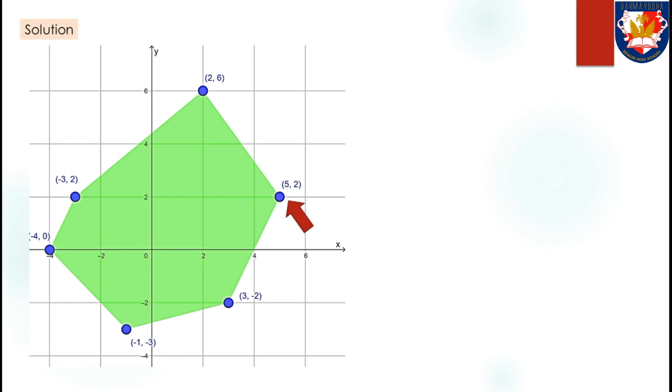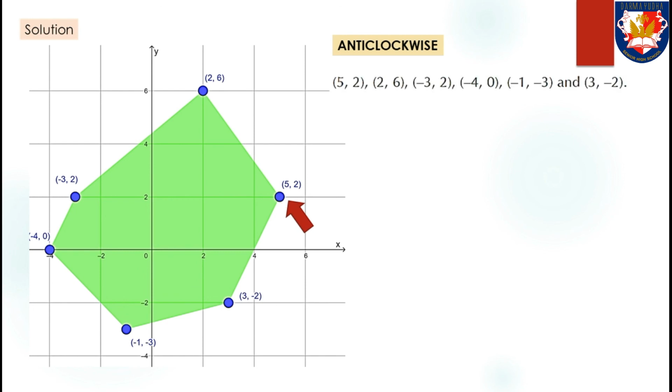I choose (5, 2). In anticlockwise direction, the order after the starting point (5, 2) is (2, 6), (-3, 2), (-4, 0), (-1, -3), (3, -2), and back to (5, 2). Therefore, the order will be like this.